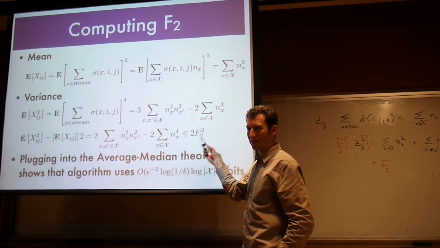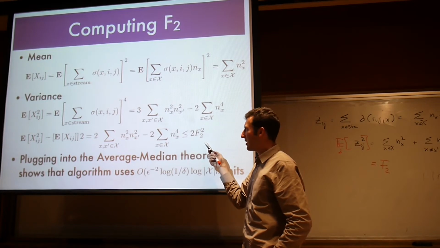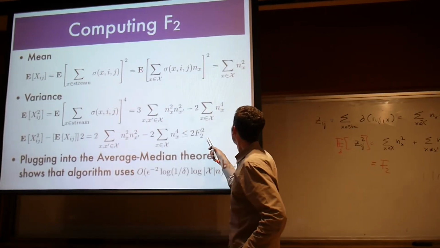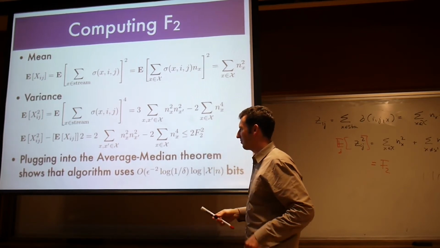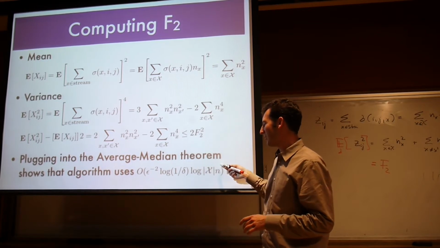So this is almost like a self-bounding property. You express the variance through the mean. Right? That's good. Then once you do that, you plug into this average mean theorem, and we're done.